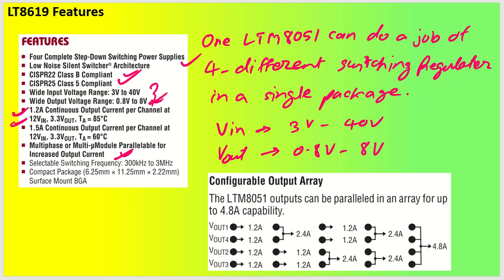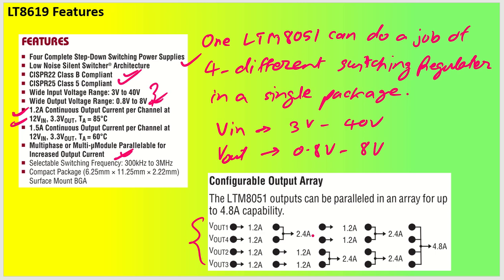As you can see, each of the output channels can be configured with a different output voltage: voltage out 1, voltage out 2, voltage out 3, voltage out 4. The beauty is, if you want, you can parallel them. Parallel them both, and it can give you 2.4 ampere put together.